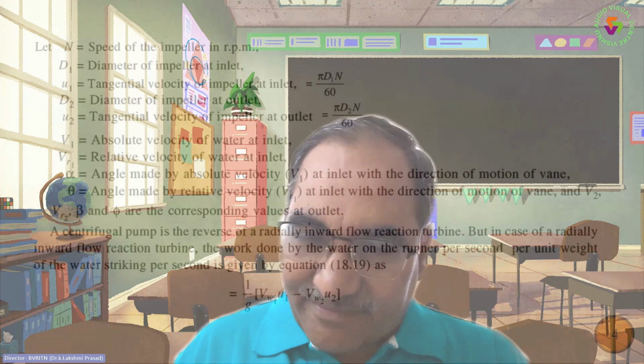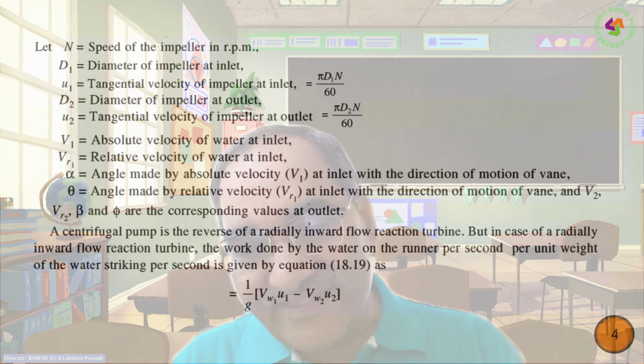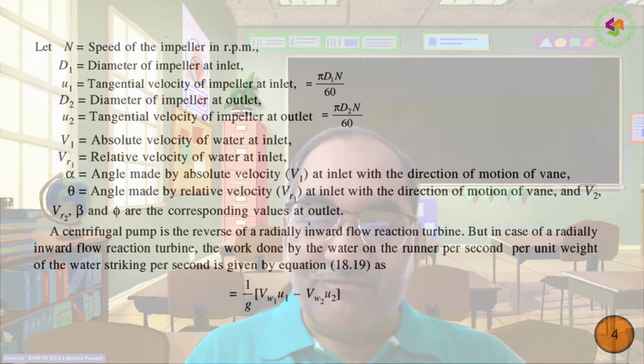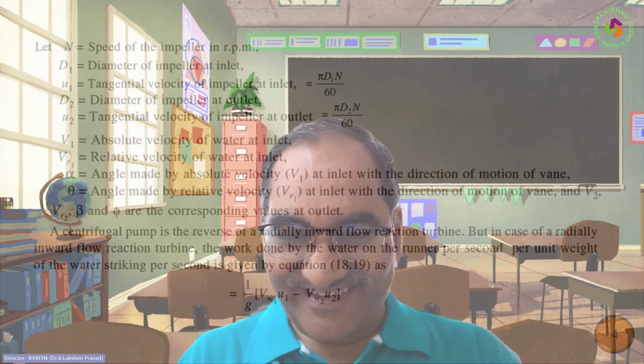This is the fundamental difference between a turbine and a centrifugal pump. In turbines, work is done by water on the runner. Because of the work done by the water, the runner is being rotated.